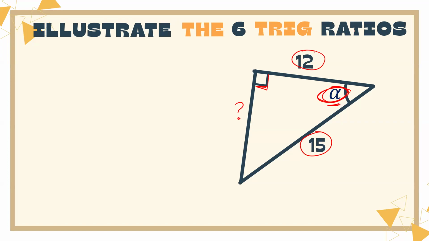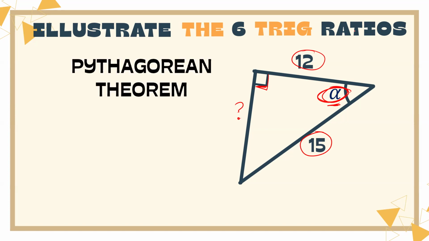So what do you think should we do first? Of course, because we have the length of two sides, and we do not know the length of one side of a triangle, then we will use the Pythagorean theorem to solve for the length of the third side, or the other leg of the triangle.